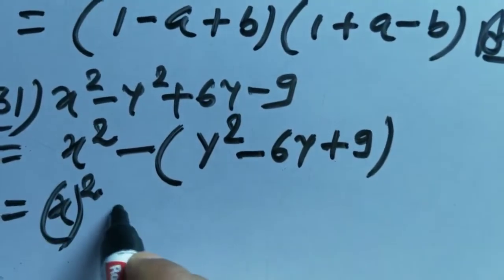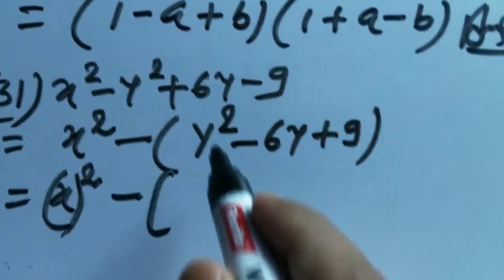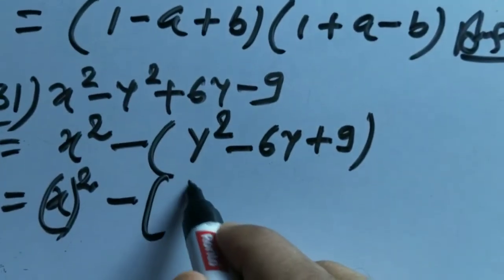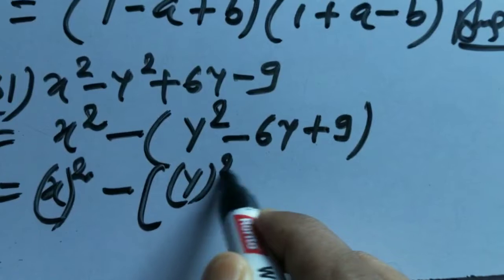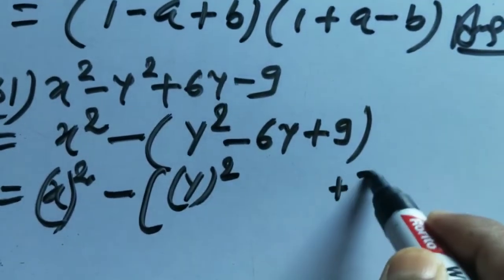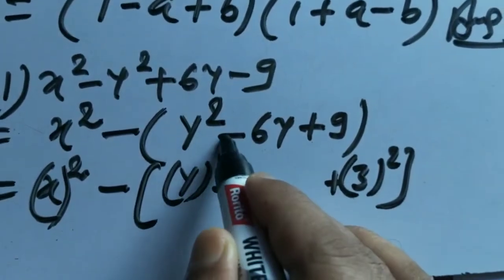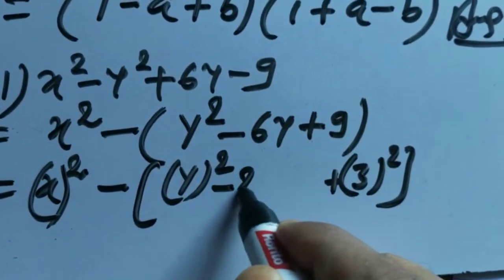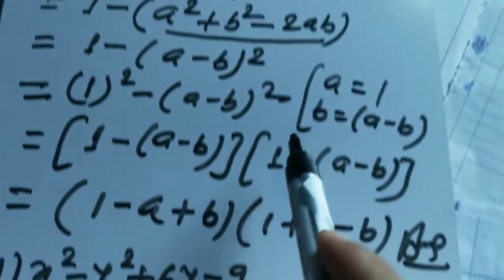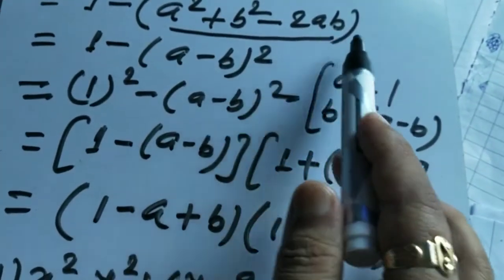Now this is your x the whole square minus, this can be written as y the whole square, and this can be written as 3 the whole square, and minus sign is here, so put minus, and in between you have to write minus 2ab.